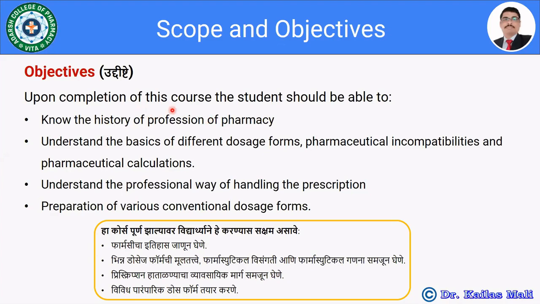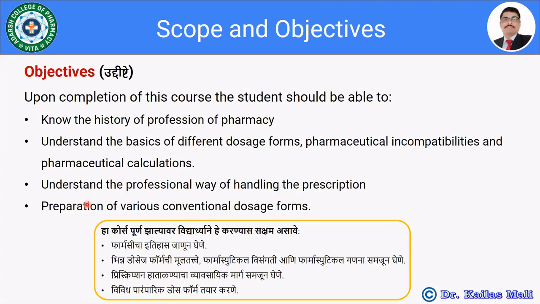You will be able to understand the basics of different dosage forms, then pharmaceutical incompatibilities and pharmaceutical calculations. You will be able to understand the professional way of handling the prescription, writing of the prescription, parts of the prescriptions and the handling of the prescription.